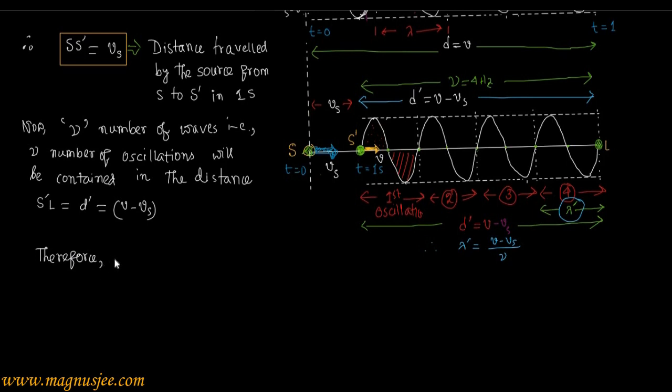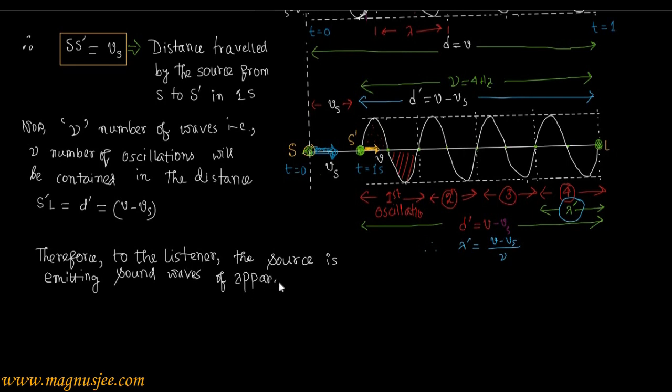Therefore, to the stationary listener, the source is emitting sound waves of apparent wavelength lambda prime, which is equal to d prime by nu, where d prime is the distance traveled by the sound wave in 1 second.